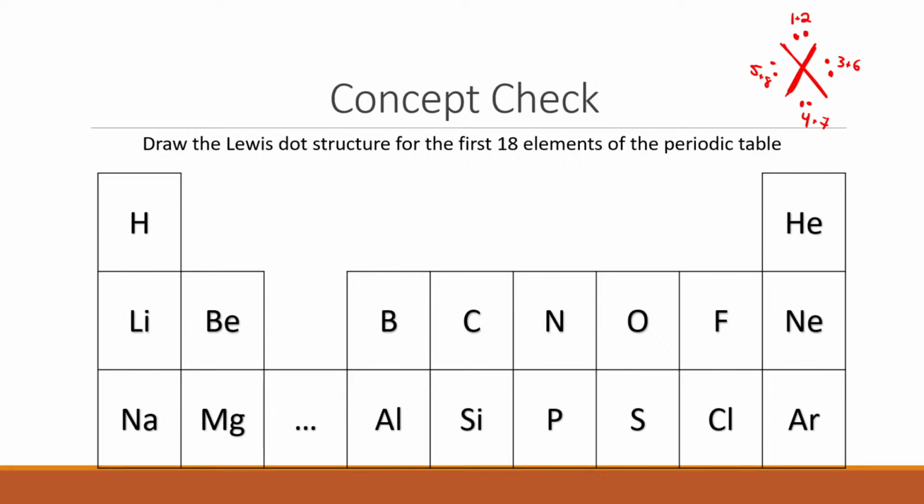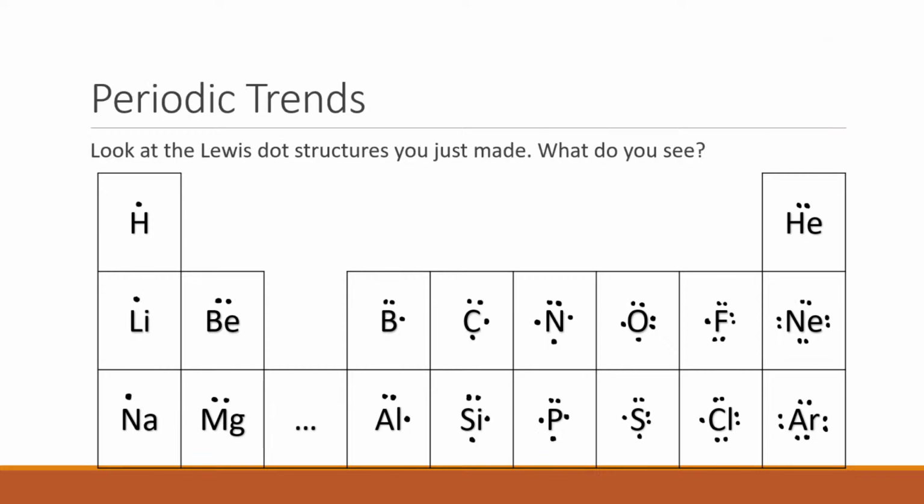But the correct answers here should look like this. We will have our dots placed around correctly: the first two up top, the third and the sixth on the right, 4 and 7 on the bottom, and 5 and 8 on the left.